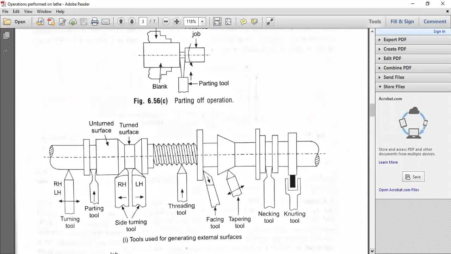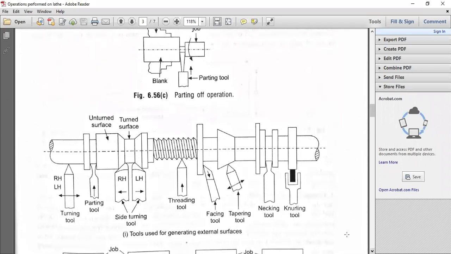And what is the turning tool? Already we have seen. And we have the different types, the right hand tool and the left hand tool. All these are very much necessary. And we have the parting tool. Now we have only discussed the parting tool. That is the unturned surface. You want to separate the finished job from the linear blank.